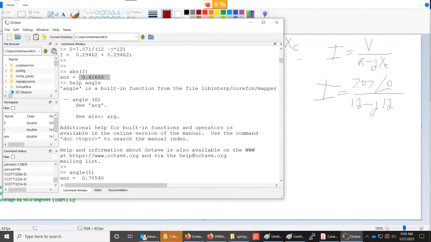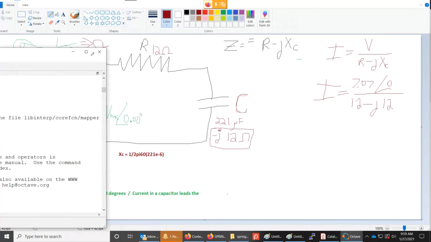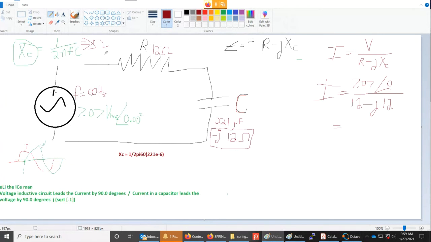So when I write down my current, if I come over here and I want to record it, I would say that the current is equal to 0.416. And remember, we want to keep this out to at least 5 digits for our calculations.